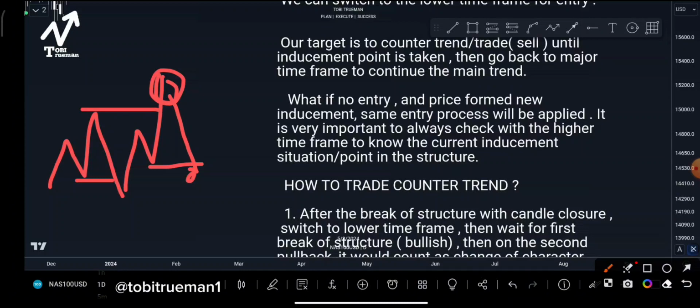But it may happen that price will just take off from there and make another inducement without coming to this main inducement point. As such, from here I have to look for another pullback entry to sell to the inducement, if there's any entry like that available.